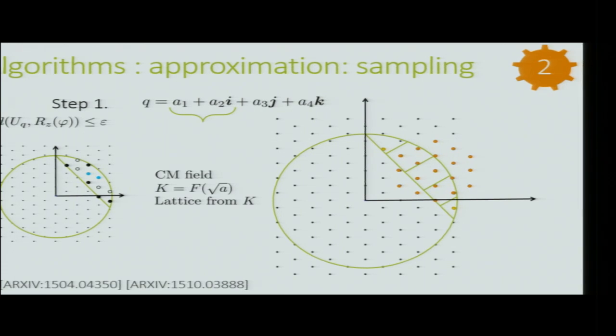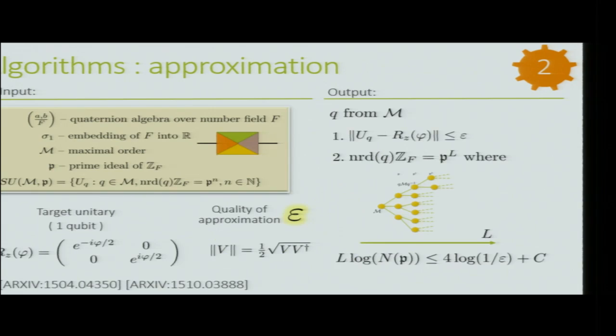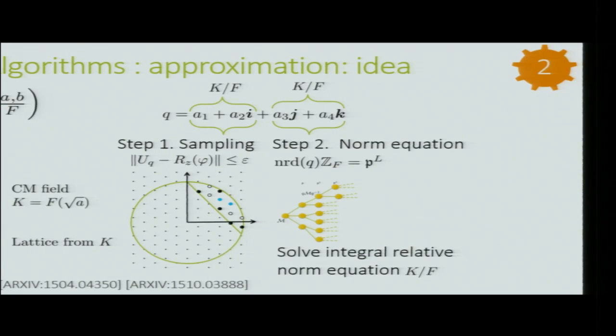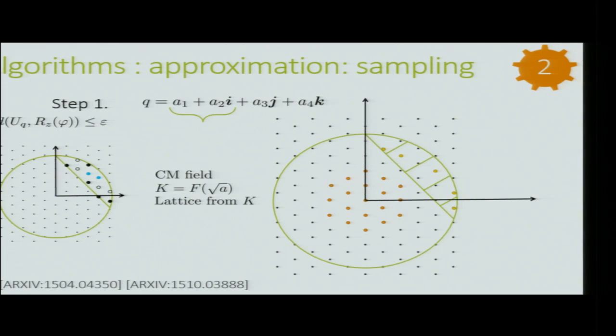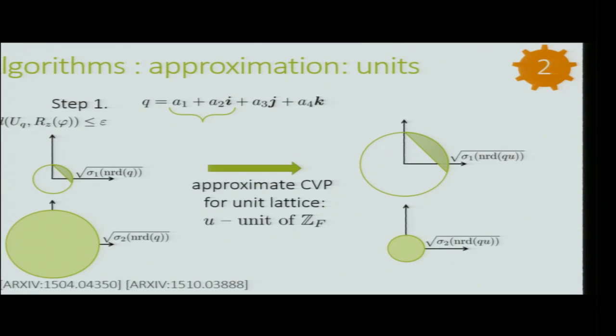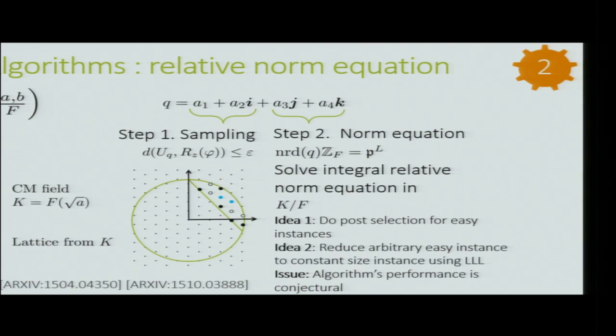But it turns out that the approximation factor influences only our additive constant, so it doesn't influence this; it just goes in here. So we can use techniques that work in polynomial time for that. Then there is another instance of the closest vector problem we need to solve, and I think I'll skip this.